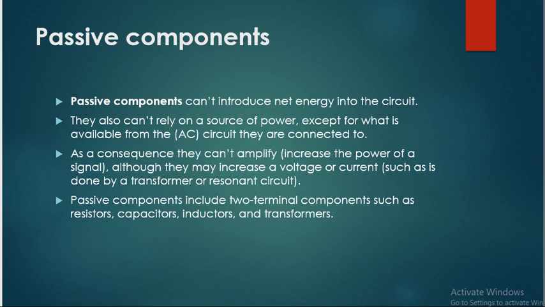As a consequence, they can't amplify, that is, they cannot increase the power of a signal, although they may increase a voltage or current, such as is done by a transformer or a resonant circuit. Passive components include two terminal components such as resistors, capacitors, inductors and transformers. So this is what an active component and a passive component are.